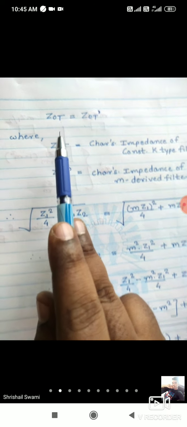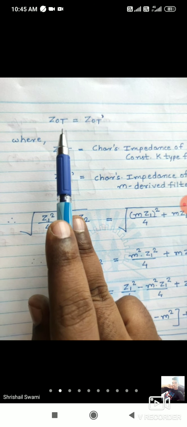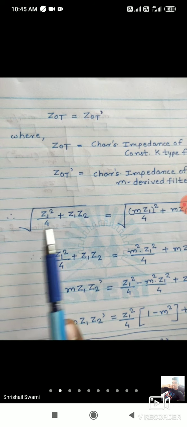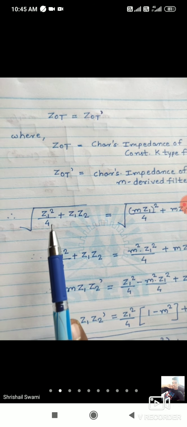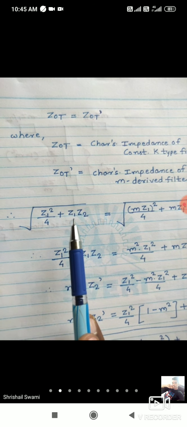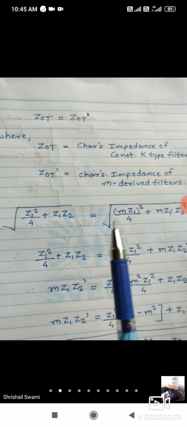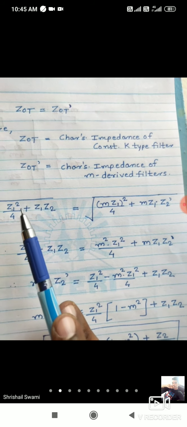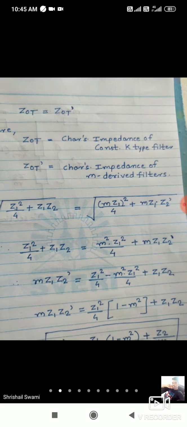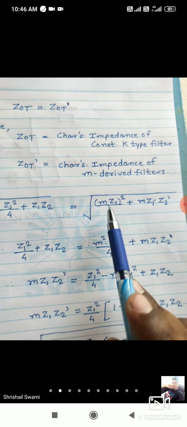Now already we have derived the expression of Z0T. Z0T is nothing but under root Z1 square divided by 4 plus Z1 into Z2. Similarly, wherever Z1 is there, you can replace it by MZ1.